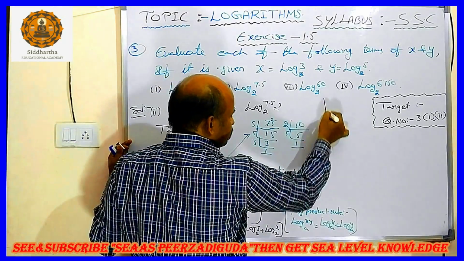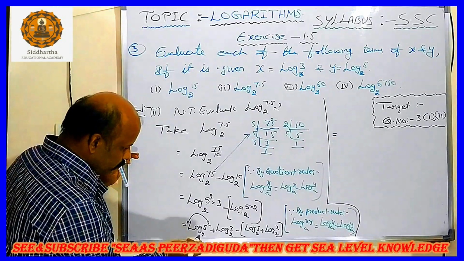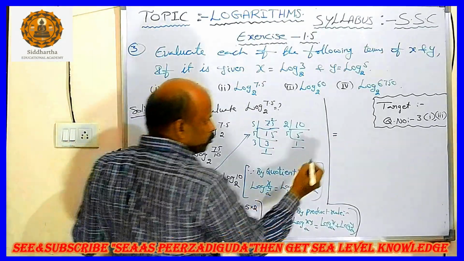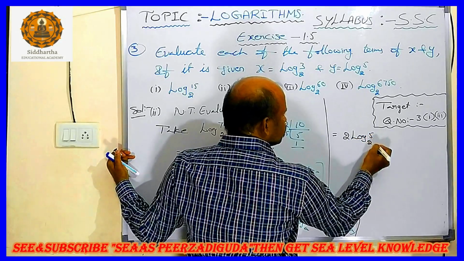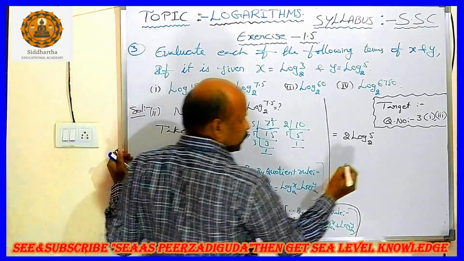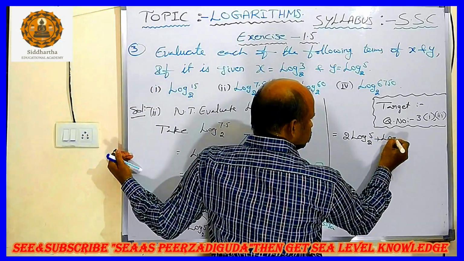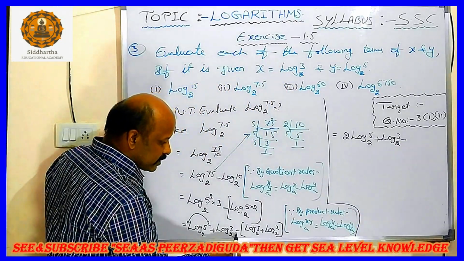Once you observe over here, I write 2 log 5 base 2, plus log 3 base 2, minus. Before the bracket a minus symbol is there.